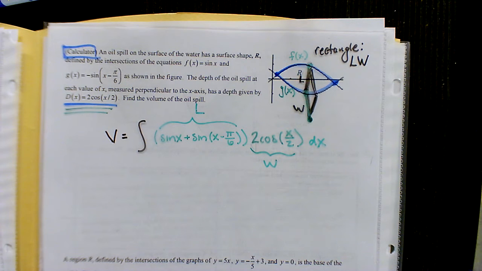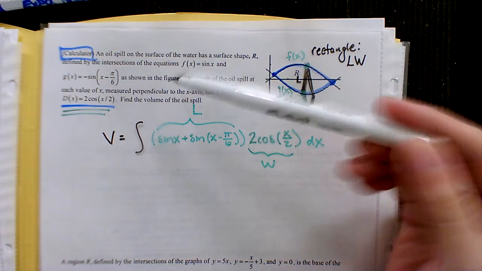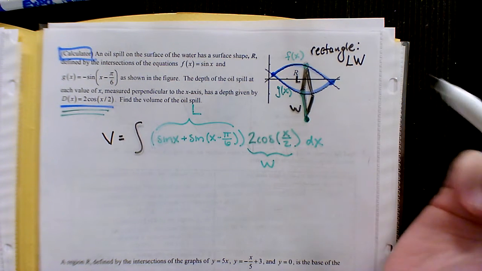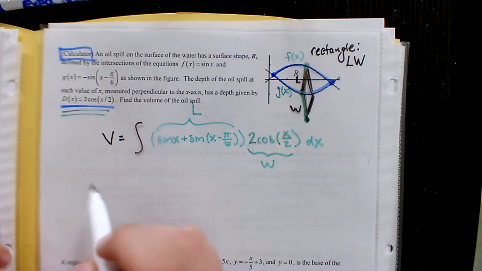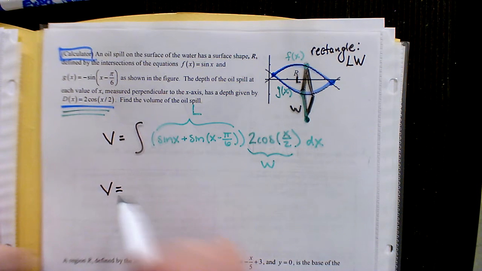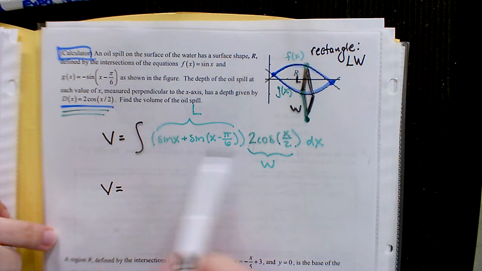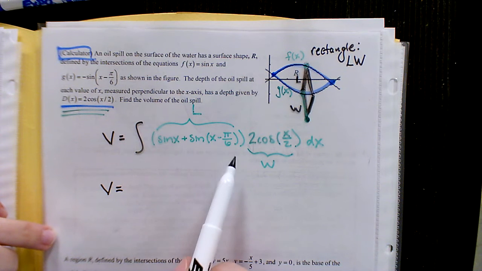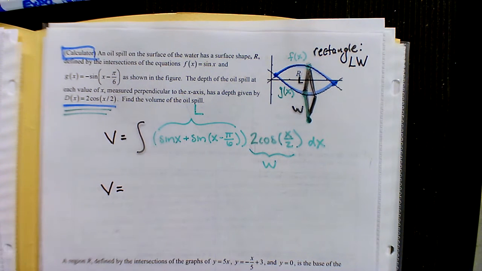So to figure out the volume of this spill, we have to integrate the area of the cross-section of the spill, length times width. Now we've got to figure out those intersection points. If you have a graphing calculator handy, let's go ahead and graph the two functions and find those intersection points. Are we okay with where that integral came from, those two functions, length times width?